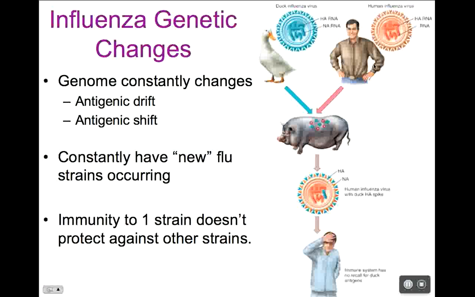But next year when the flu comes back, without a doubt influenza will have changed through antigenic drift and antigenic shift. So protection against this year's strain will do nothing for you next year. That's why you've got to get your vaccine every single year, because it's a new combination of H's and N's every single year.